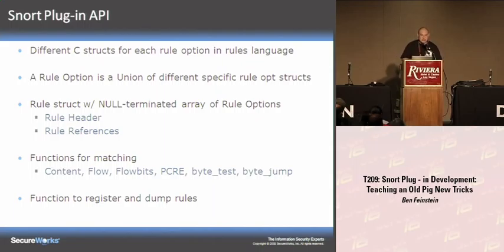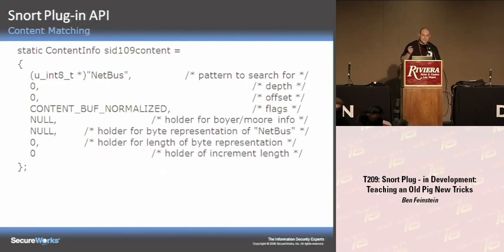The API also exposes functions to match on these different rule constructs for content, flow bits, and such. So you can actually create a rule option for a content match, call the content match function in the API, and get back rule match or rule no match. It also offers some basic functions to register and to dump the dummy rules out.